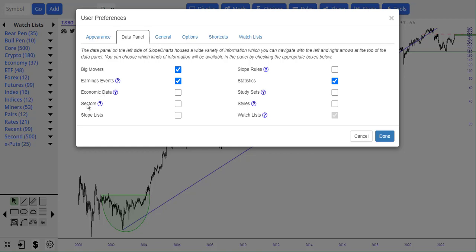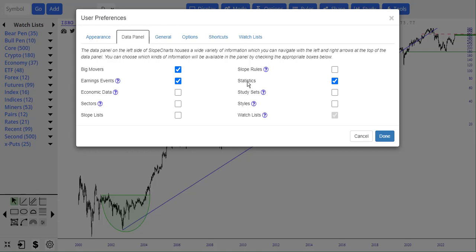Sectors shows various groupings in a hierarchical fashion of stocks based on sector. Slope lists are predefined lists of things like the S&P 100 components, the NASDAQ 100 components, and so forth. Slope Rules gives you access to your own rules that you've established in the Slope Rules product.